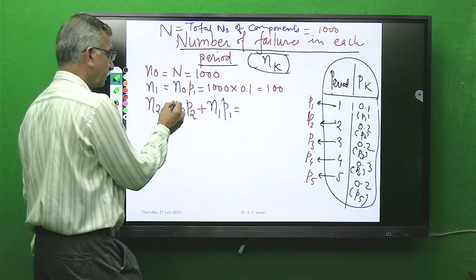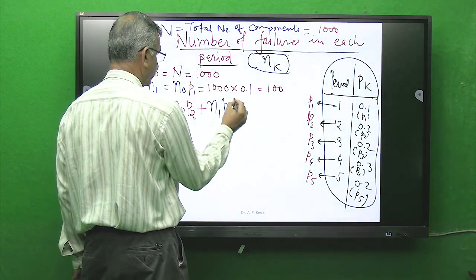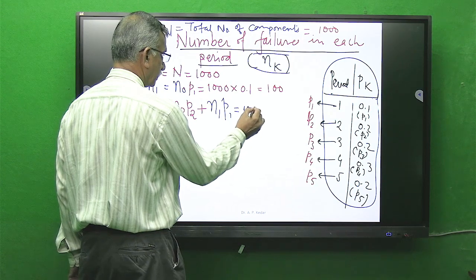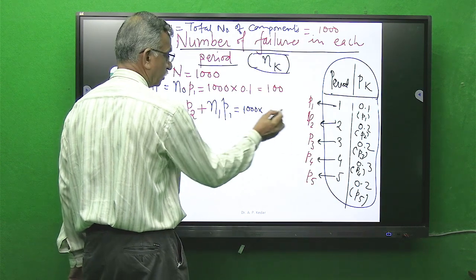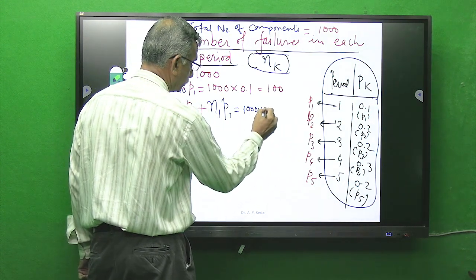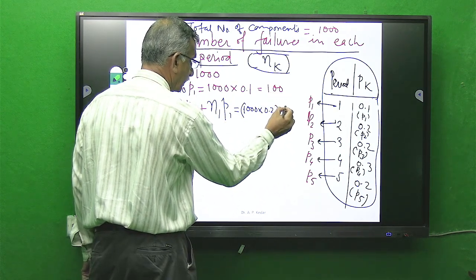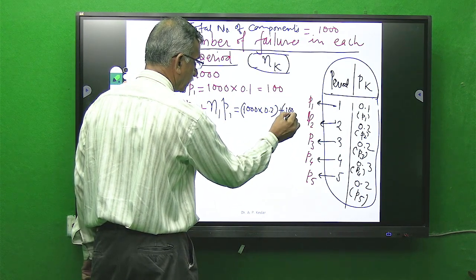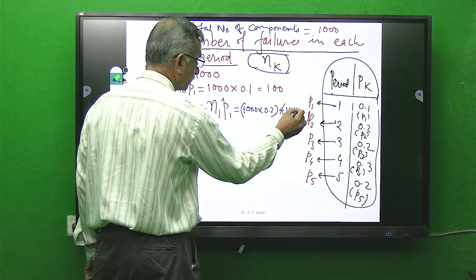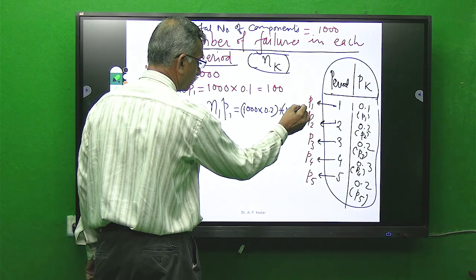So it will go like, for this case it will go like 1000 into 0.2 plus 100 you have replaced here into 0.1.